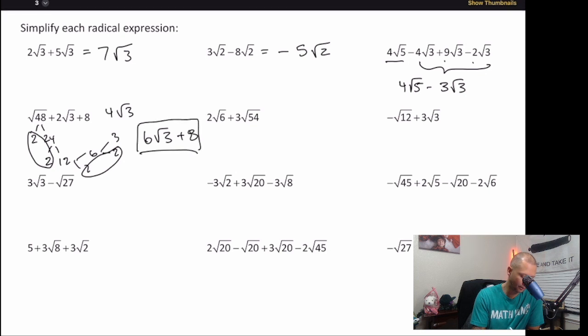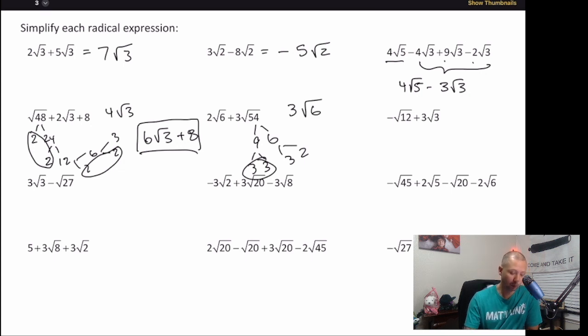Let's do one more. 54. This can be 9 and 6. 9 is 3 and 3. 6 is 3 and 2. So a single 3 can come out. Root 6 is left behind. So 2 root 6 plus 3 root 6 will be 5 root 6.